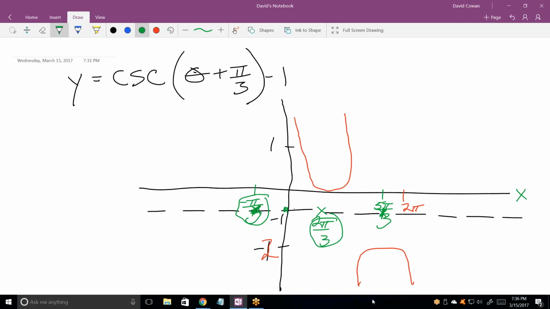Which goes right about there. And finally, this point right there, 7 pi over 6. Once you get the hang of quartering it up, it's not that hard to do.